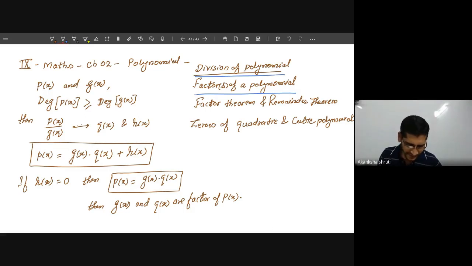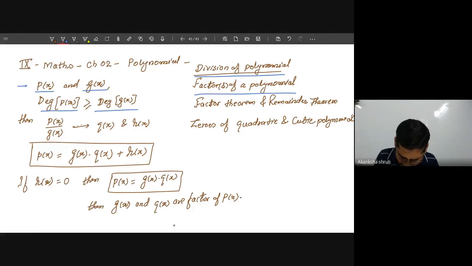Students, for division of polynomials, two polynomials, one as px, another as gx, will be given to you. Then, if the polynomial px is of higher degree than that of gx, then px can be divided by gx. So on dividing polynomial px by another smaller polynomial gx, you will get a quotient.